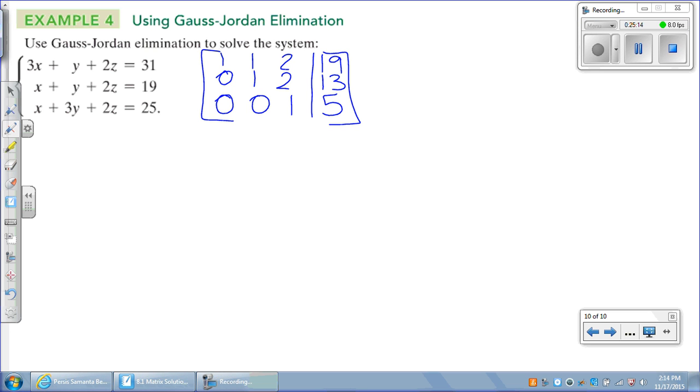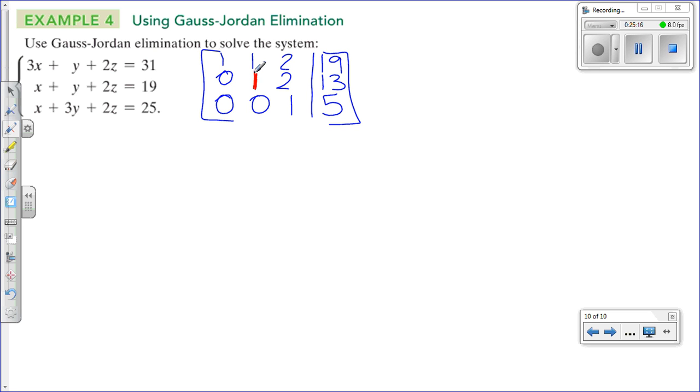So we're going to continue with the process. Now, we're done with the first column, so R2 is our leading row. Why is that? Because we are done with the first column, we're moving to the second column, and so we're going to use that one to turn this one into a 0.